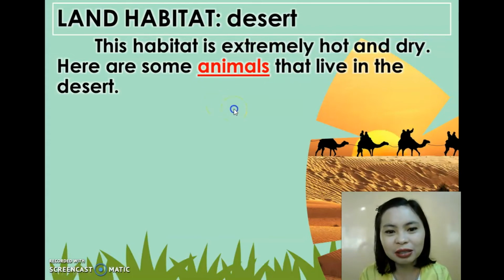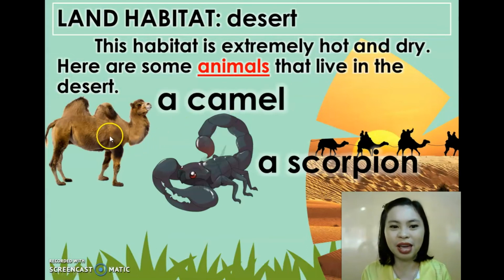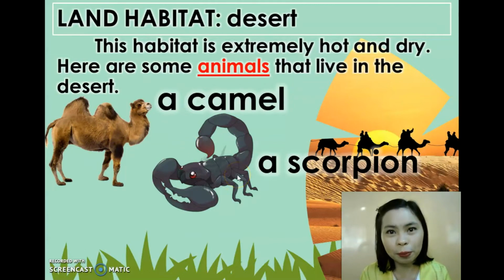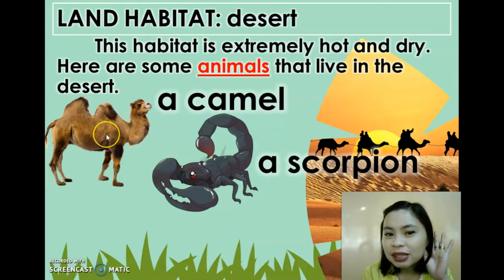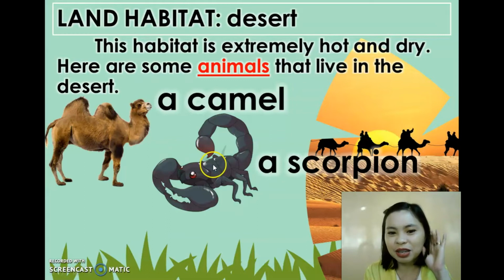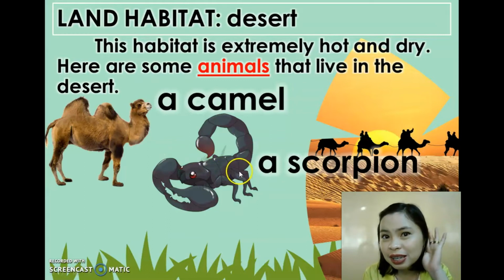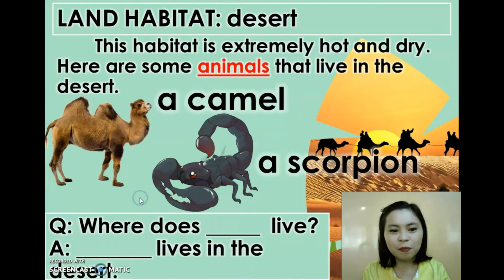And these are, we have a camel and a scorpion. What animal is this? A camel. And what animal is this? A scorpion.